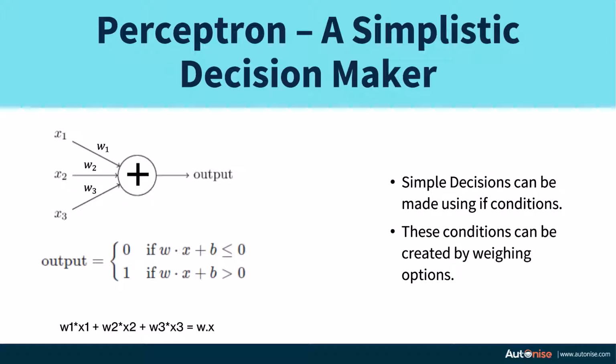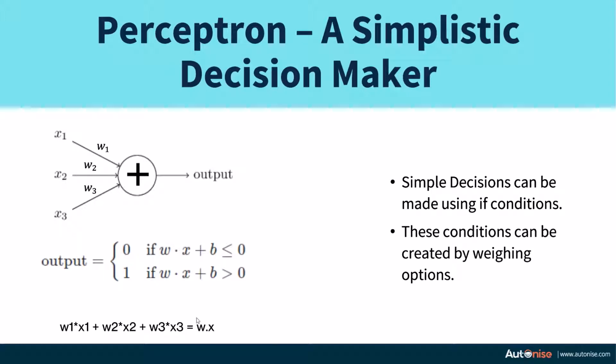This kind of model can be used to create simple decisions, as we'll have a look at an example after this slide. Mathematically speaking, what we have is w1 into x1 plus w2 into x2 plus w3 into x3. Combined, they can be written as the dot product of a w vector which has w1, w2, and w3 components, and the x vector which has x1, x2, and x3 components.